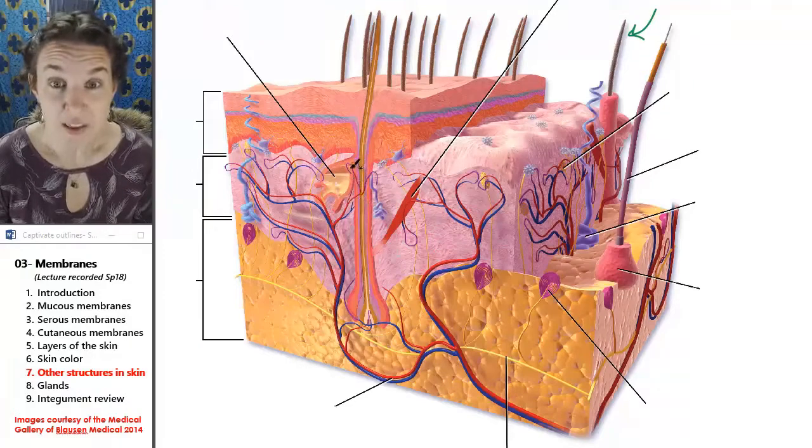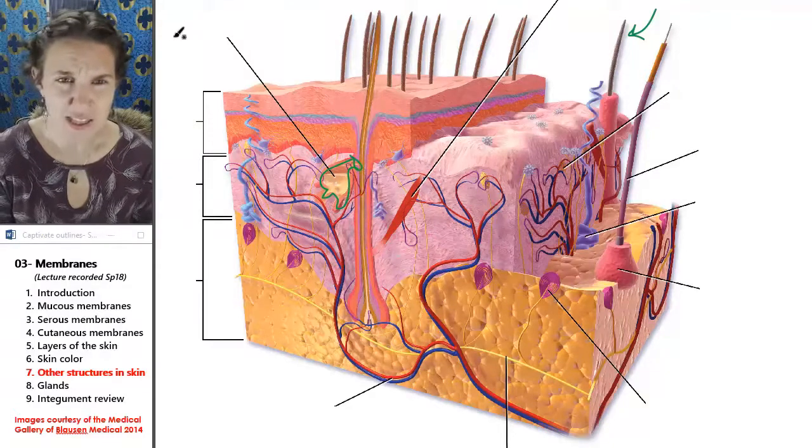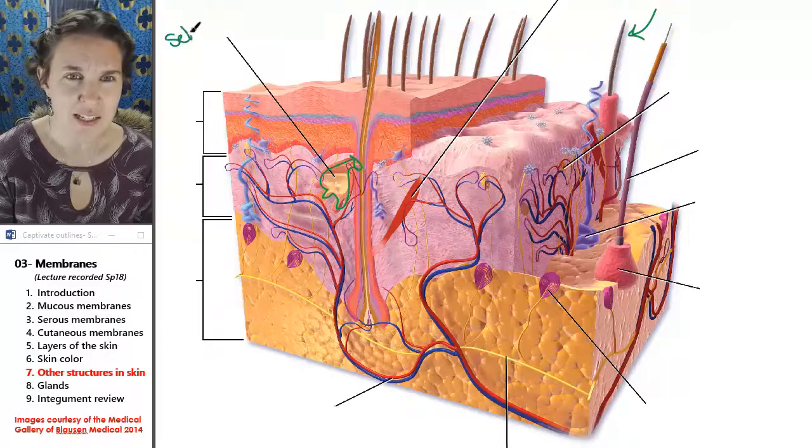Associated with hair follicles are a couple of super interesting structures. One of them is this thing. This is a gland, and you'll notice it has an opening right here into the hair follicle itself. That thing right there is a sebaceous gland.